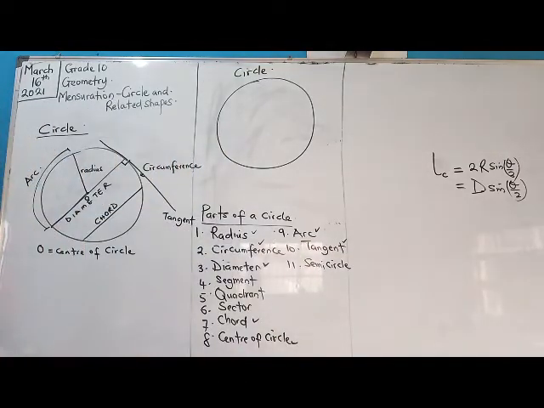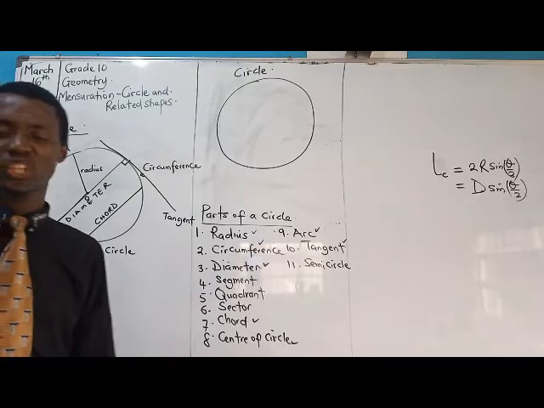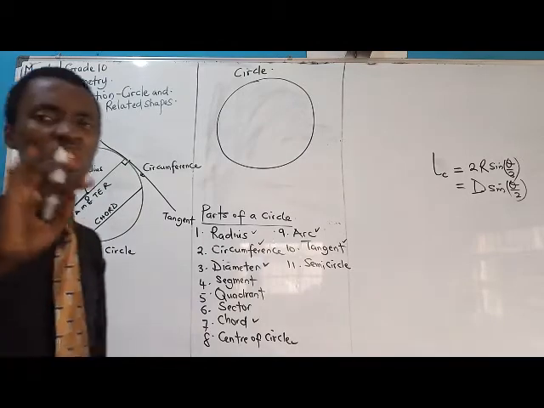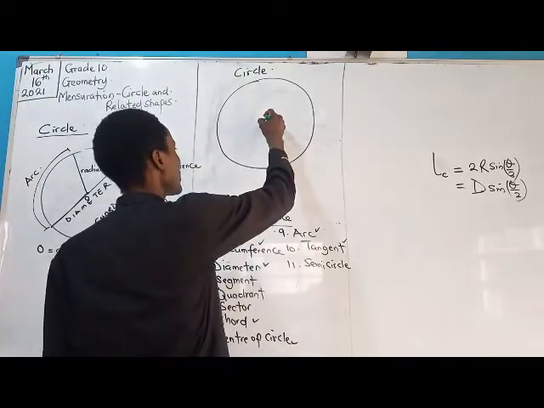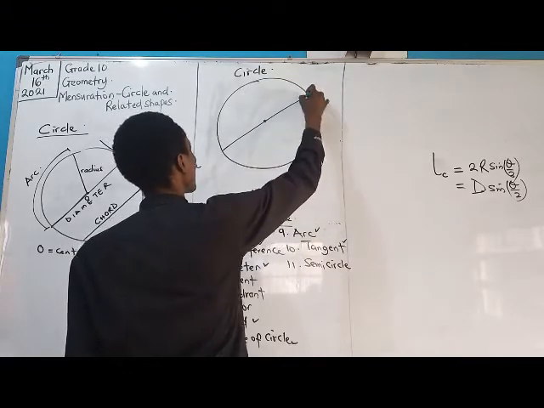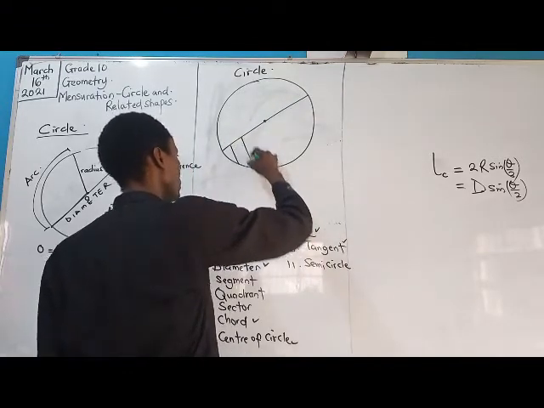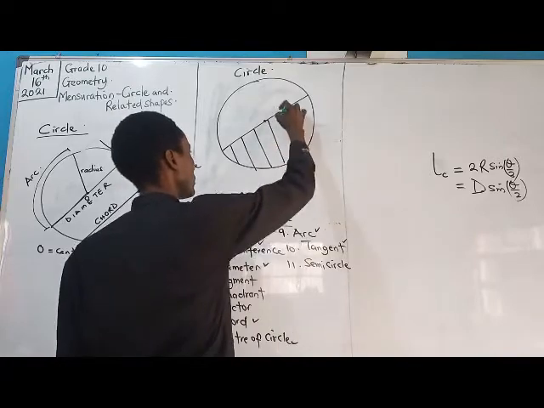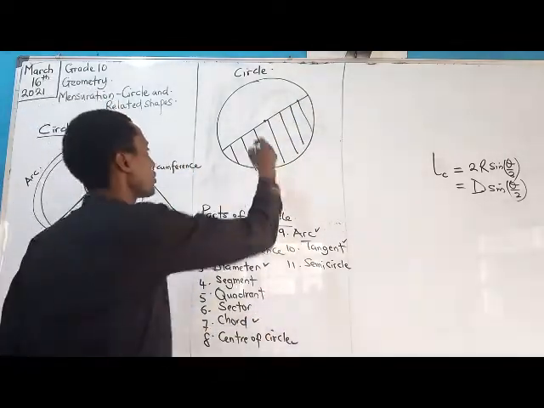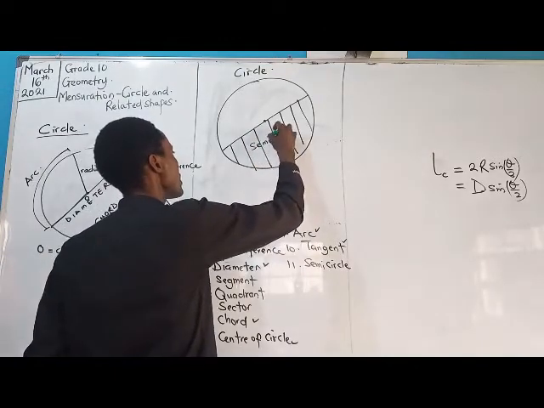The next thing we want to talk about is the semicircle. Now, the semicircle is a shape. We've talked about things that are lines in nature. Now we want to talk about shapes. The semicircle, if this is center, and I do this, and I shade this region, what I'm going to get here is called the semicircle.